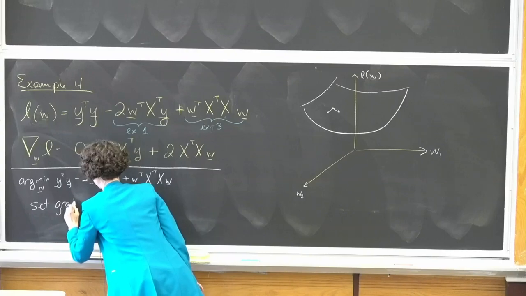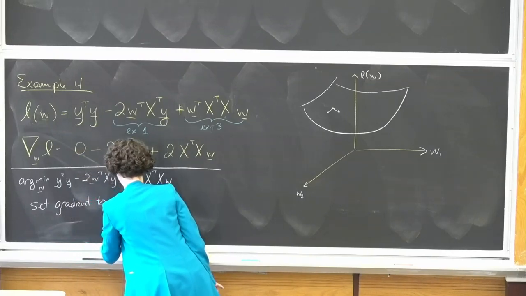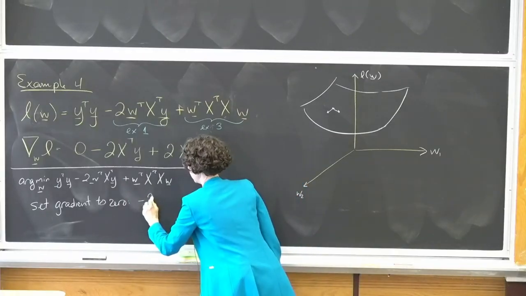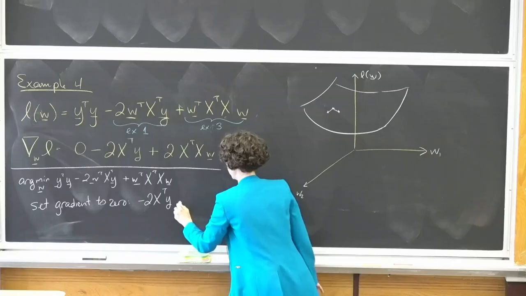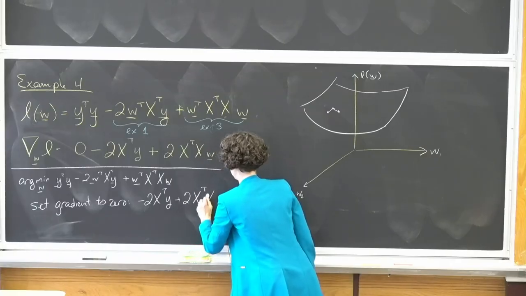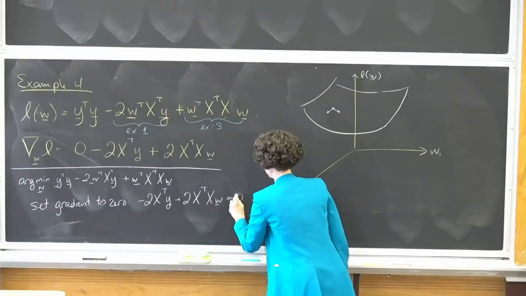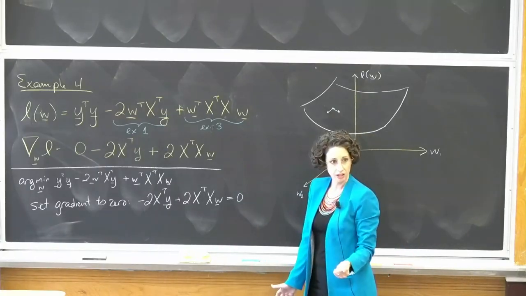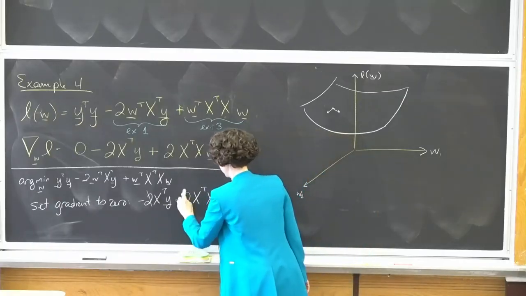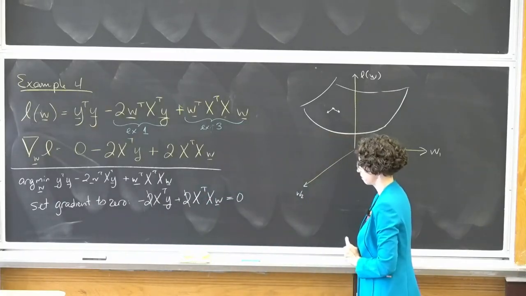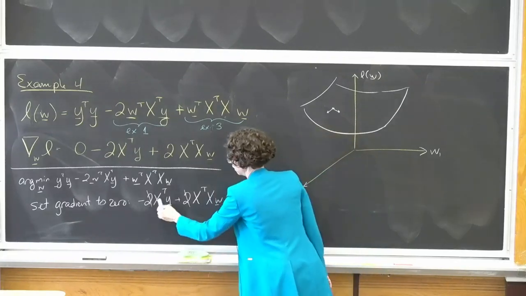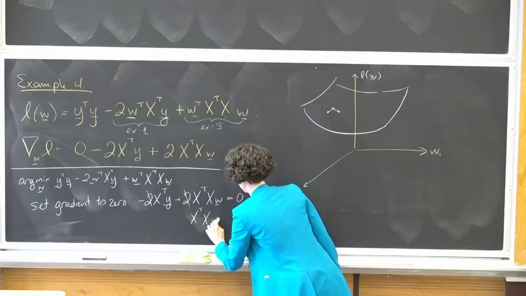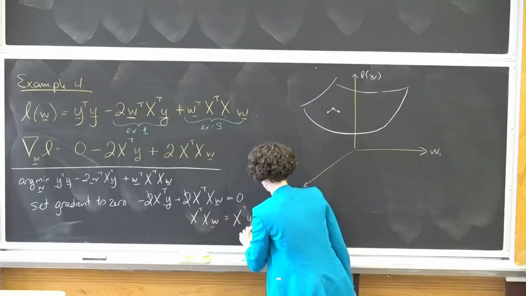Set the gradient to 0. We would get negative 2 X transpose Y plus 2 X transpose XW is equal to 0. Now I'm going to divide both sides of my equation by 2, which simplifies things right off the bat. Now I'm going to move my negative X transpose Y to the other side so that I have X transpose XW is equal to X transpose Y.